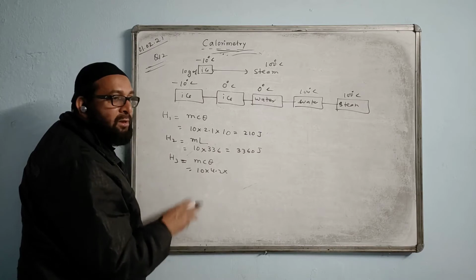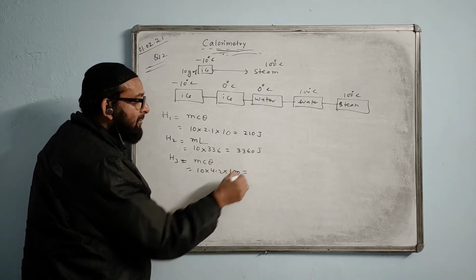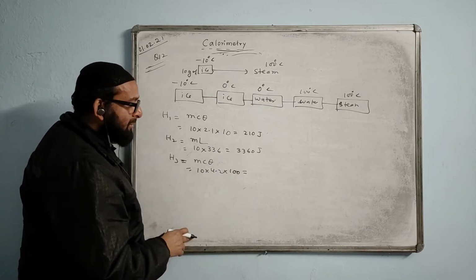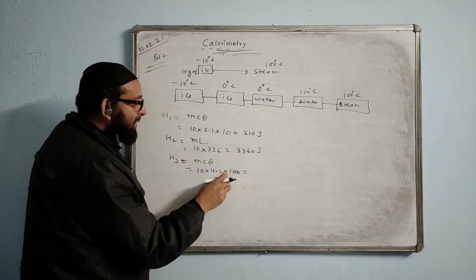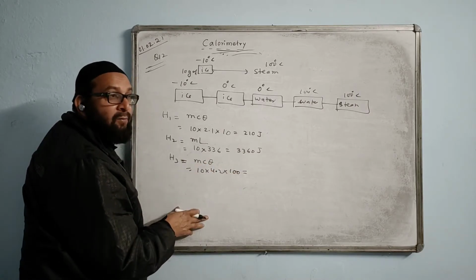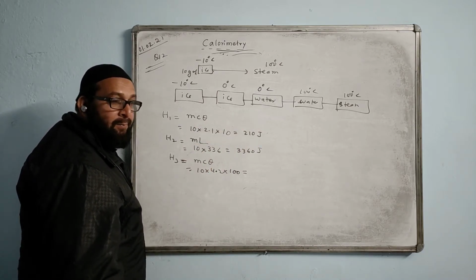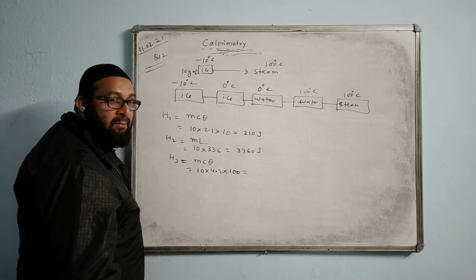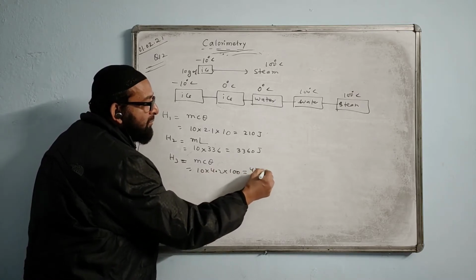Then bigger minus smaller you will do, no? 100 minus 0 is 100. The theta value will never come negative. You always subtract bigger minus smaller. How can the answer come negative? Bigger thing minus smaller thing will always give the positive answer. The answer will come 4200.